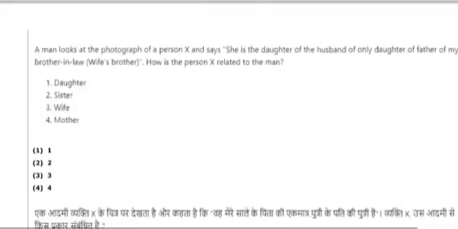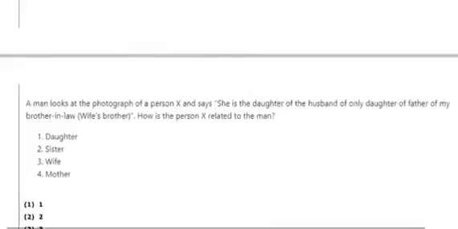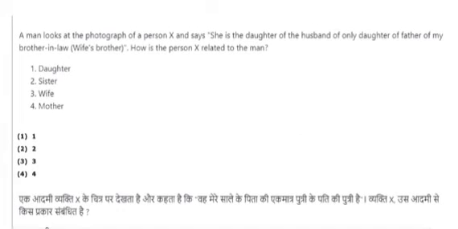Then 22. A man looks at the photograph of a person X and says, she is the daughter of the husband of only daughter of father of my brother-in-law, wife's brother. How is the person X related to the man? Let me repeat it. It's a bit confusing question.